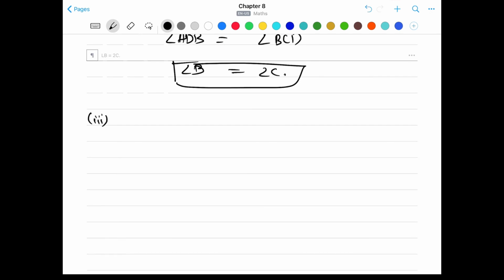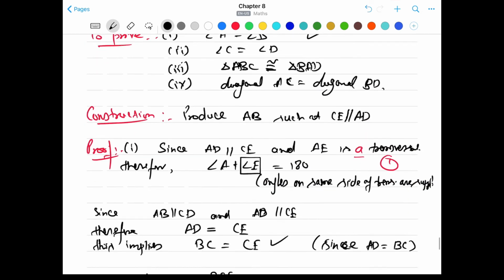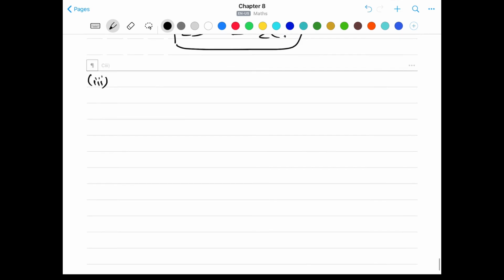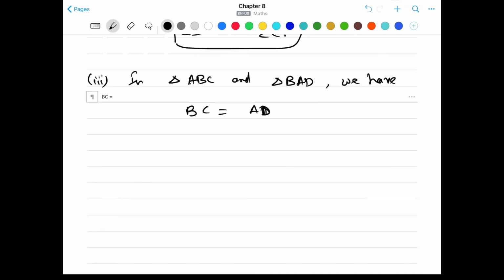Next is the third part. We have to prove that triangle ABC is congruent to triangle BAD. So we'll write in triangle ABC and triangle BAD, what we have is that BC is equal to AD, which is given.